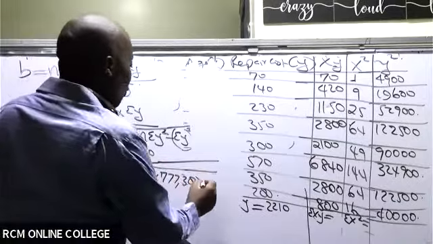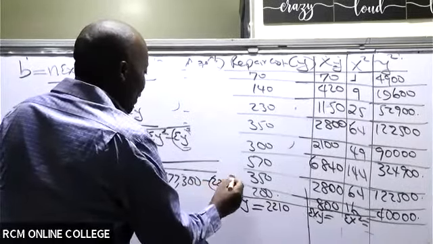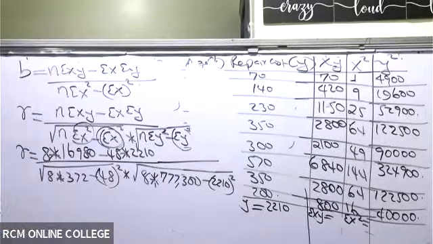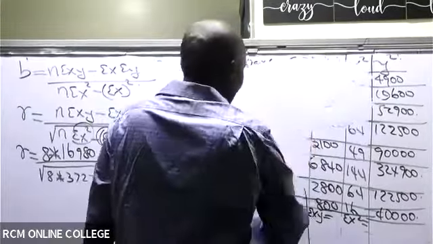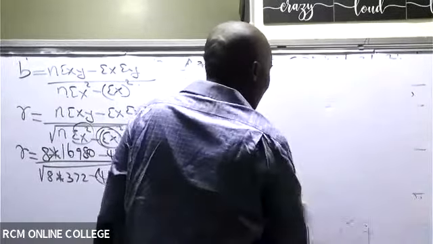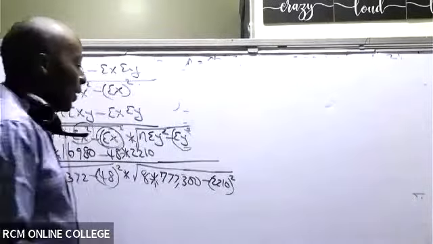Minus summation of y that I have here, 2210. Now you square this. It may look very big, but trust me, it is very simple.